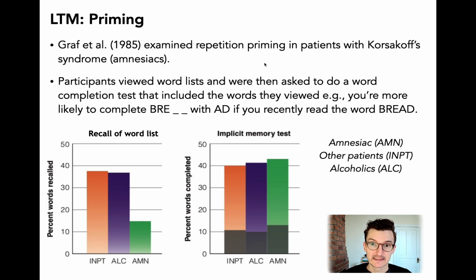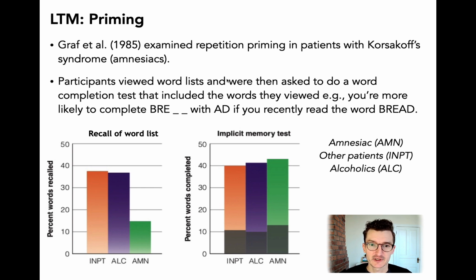It's a deficit in a vitamin, thiamine, and it leads to basically anterograde amnesia. So this is one of the side effects of alcoholism. You develop amnesia. And so these patients can't form new long-term declarative memories, but they can be primed.